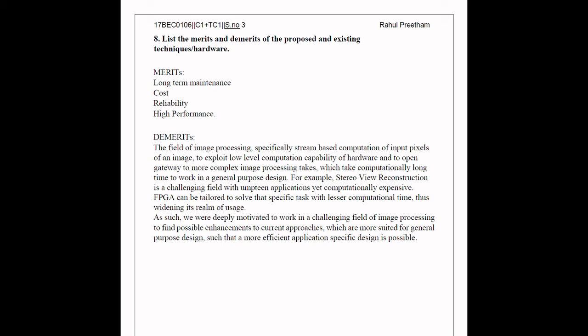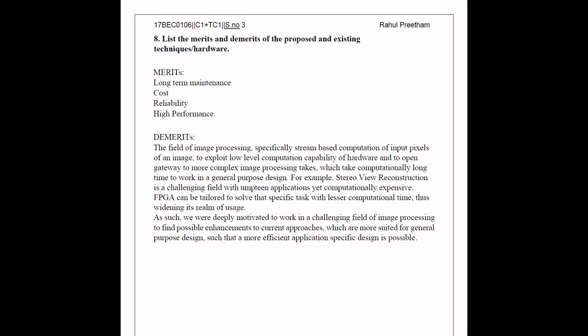The field of image processing, specifically stream-based computation of input pixels of an image to exploit low-level computation capability of hardware and to open a gateway to more complex image processing tasks which take computationally long time to work in general purpose design. For example, stereo view reconstruction is a challenging field with umpteen applications yet computationally expensive.